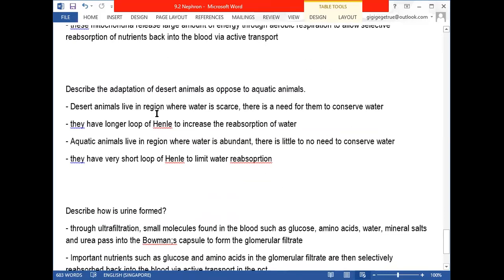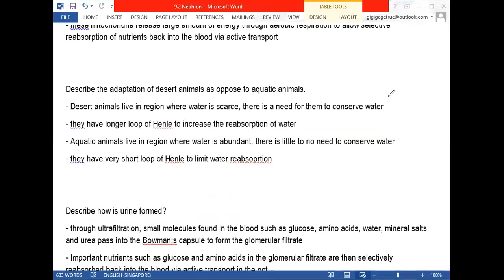Okay, another frequently asked question is about the length of the loop of Henle. So the animals that need to conserve water normally have a longer loop of Henle. Okay, why?